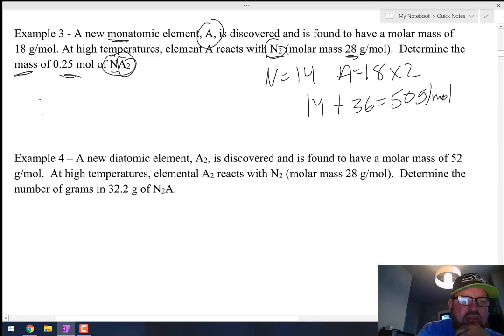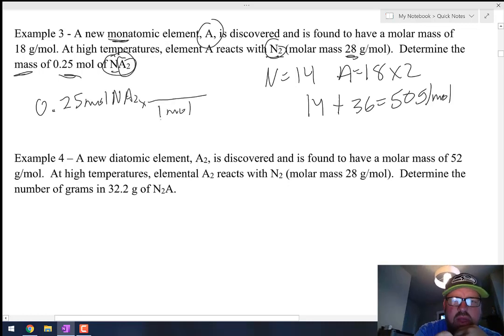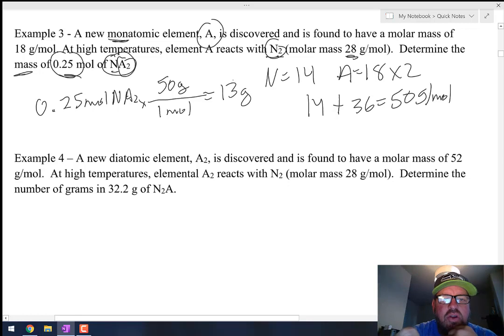So if we have 0.25 moles of NA2, 1 mole has a mass of 50 grams. 50 times 0.25, mathematically it comes out to be 12.5, but with two significant figures, we would round that to 13 grams as the correct answer.